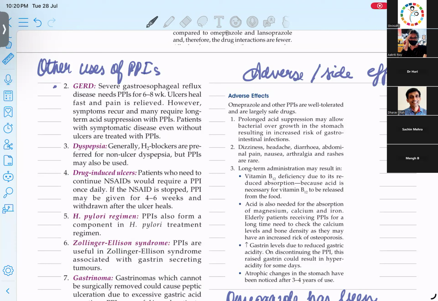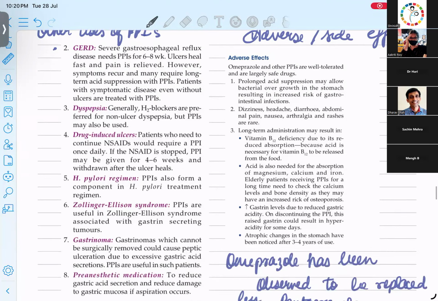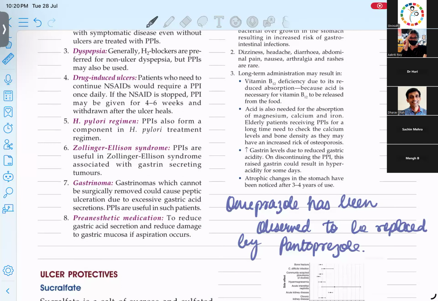On discontinuing the PPI, sometimes abruptly, gastric levels may rise due to rebound and hyperacidity may remain for some days. Atrophic changes in the stomach have been noticed after 3-4 years of use.